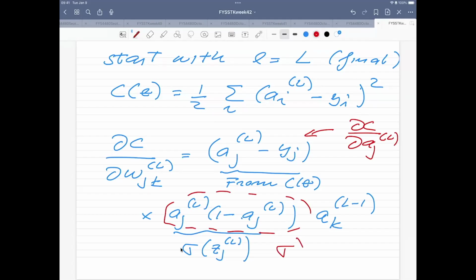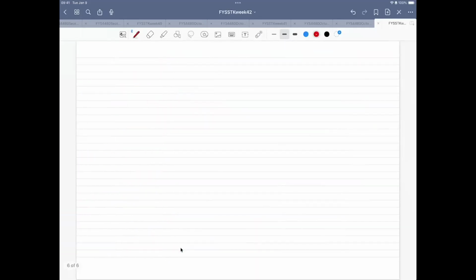Now, what we did last time was to bring together this one and that one into one variable. That gave us a new variable, which we call delta_j of L, which was simply given by the derivative of the cost function with respect to the output from the last layer multiplied with the derivative of the activation function.